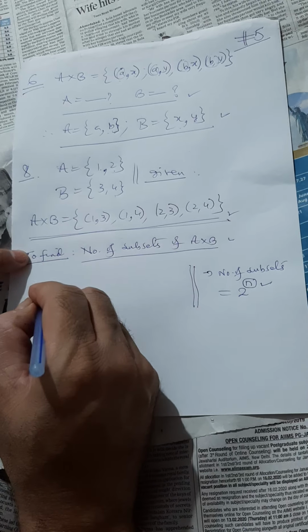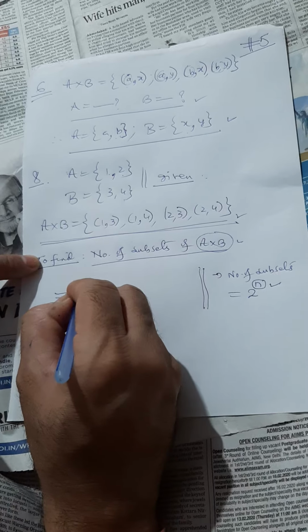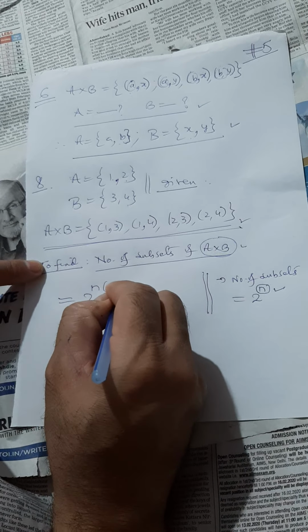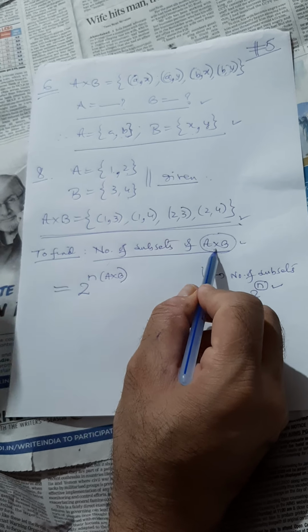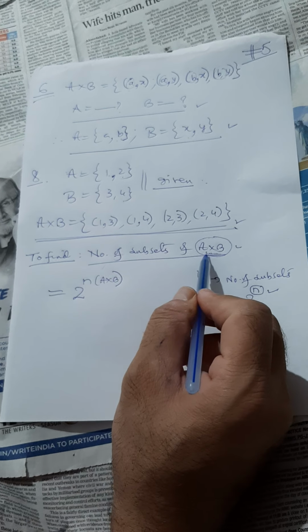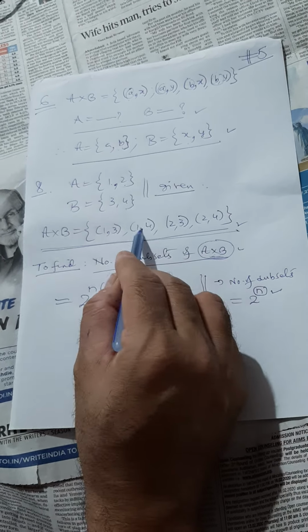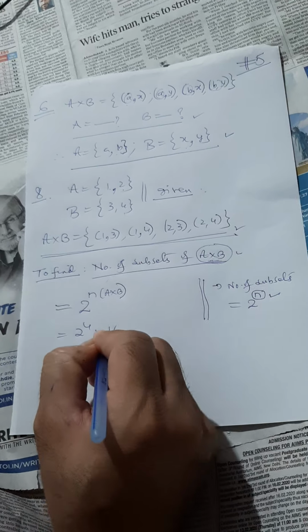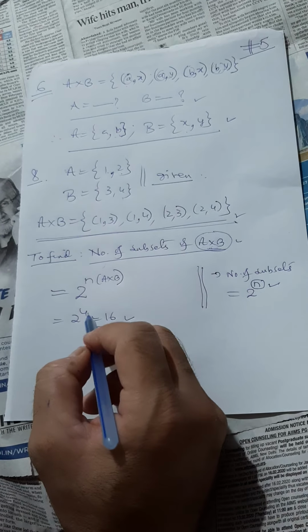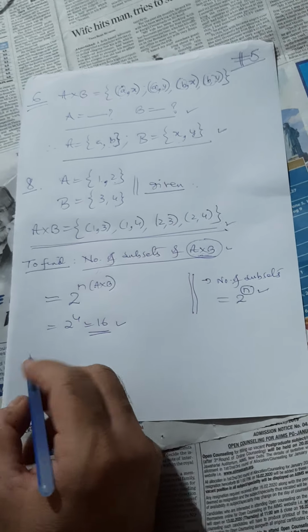So here the number of subsets equals 2 raised to the number of elements in A cross B, because you are finding the number of subsets of A cross B. So you need to see how many members are there in A cross B. A cross B has how many members? 1, 2, 3, 4. So 2 raised to 4. So you would have 16 subsets, remember. The number of subsets of A cross B would be 16.